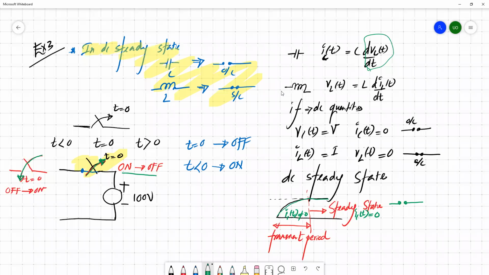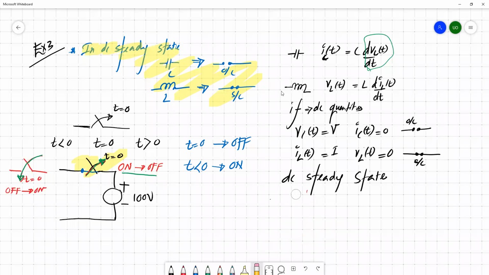So with this, we can identify two scenarios. For this case, initially this was off and at t equals 0 it moves to on. This means off to on. This one moves from on to off.